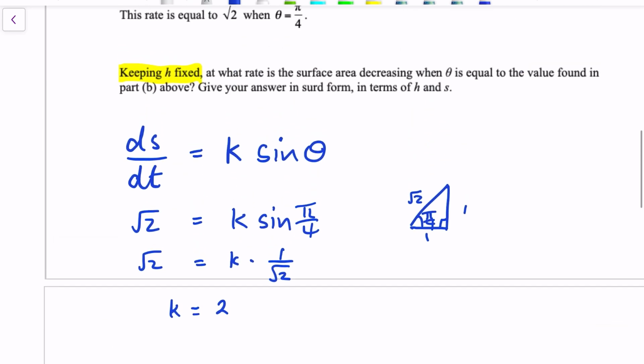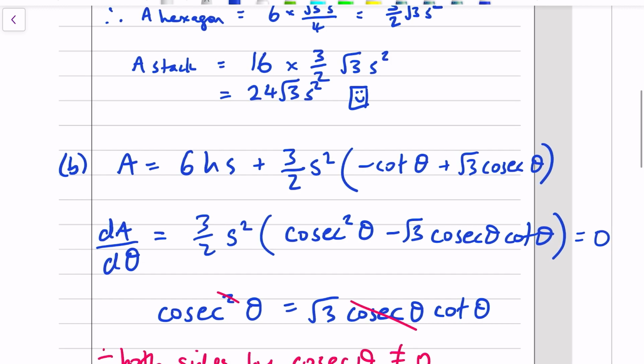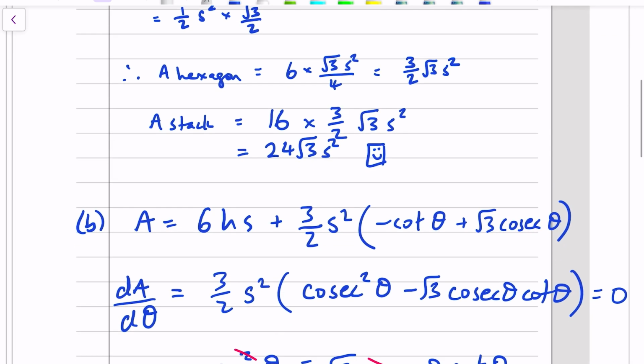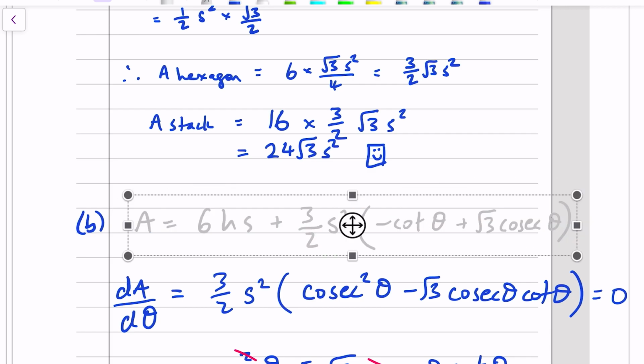Okay, we start off with the same area formula. So I'm going to go back to this one here and just copy it. I can't copy the derivative because I treated S as a constant, but now we know it's not.